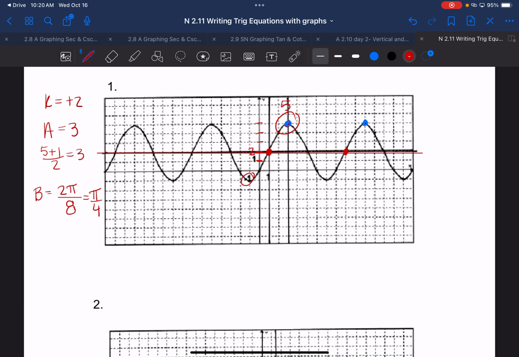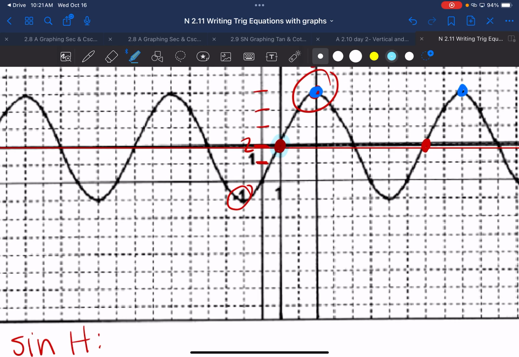Okay, now this part will vary depending on if I'm talking about sine or cosine, because those graphs start at different places, right? Okay, so let's talk about H for sine. We said sine normally starts at the point 0, 0. But I already colored that point in red, or that's this point that I'm highlighting right here, right?